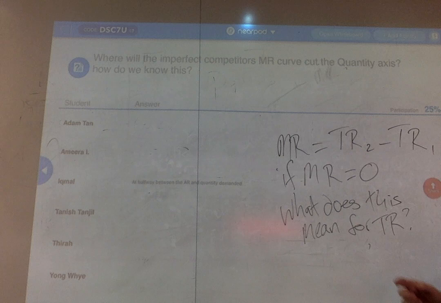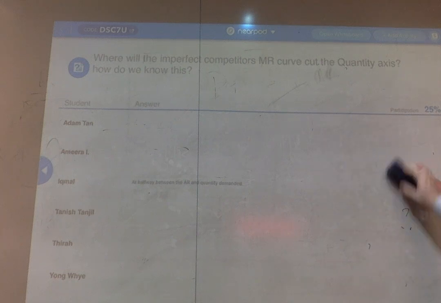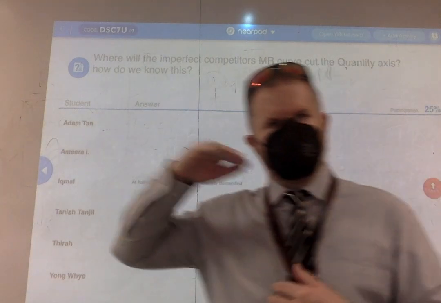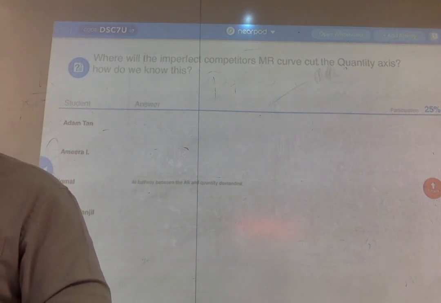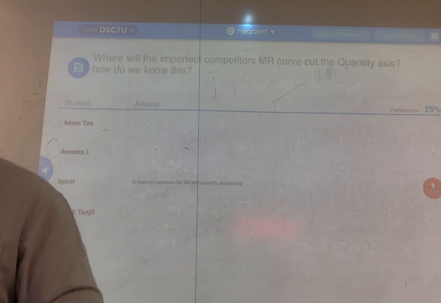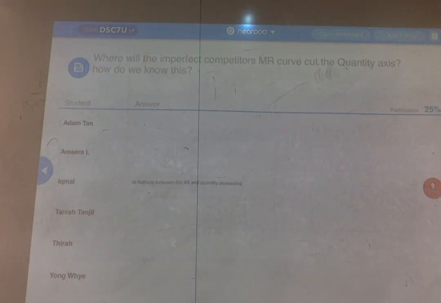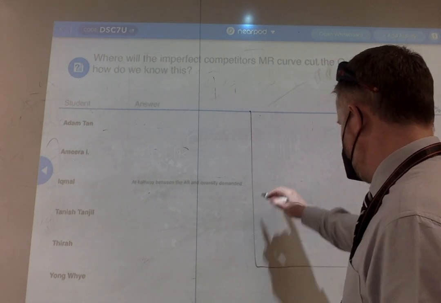Yeah? So if you like, that's a turning point between the positive numbers and the negative numbers. So the turning point between when total revenue is increasing and then it starts to decrease.